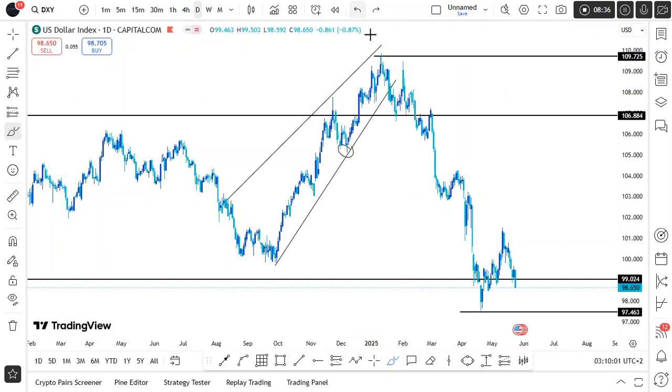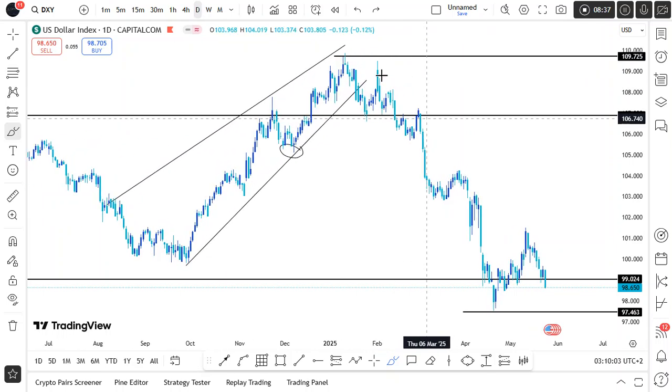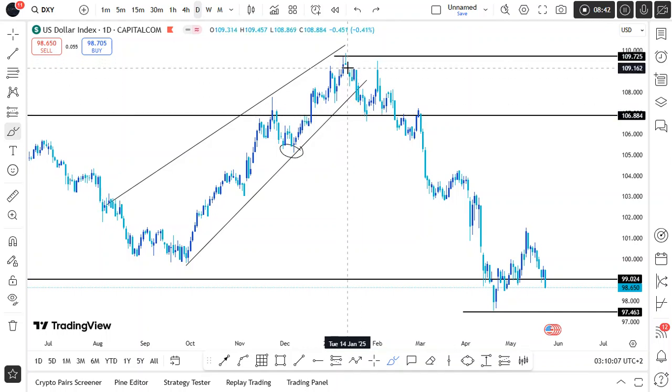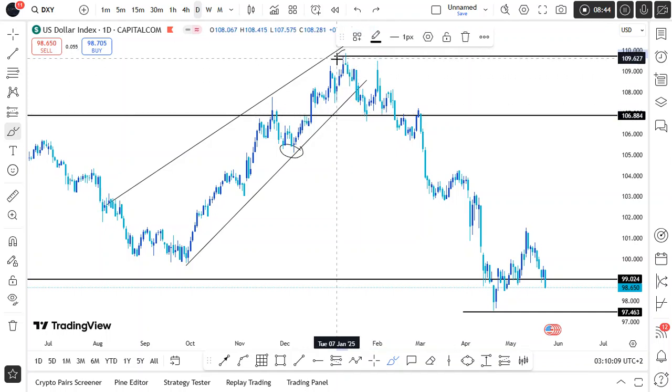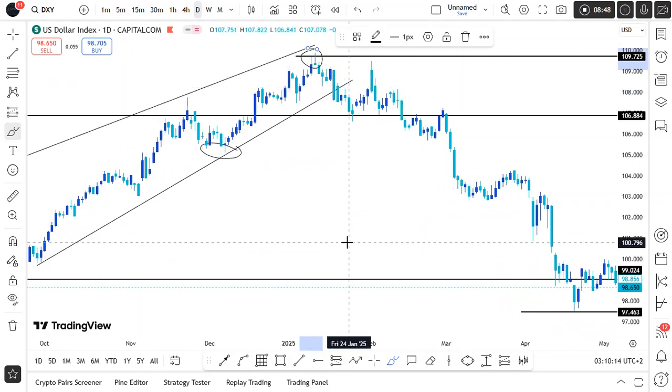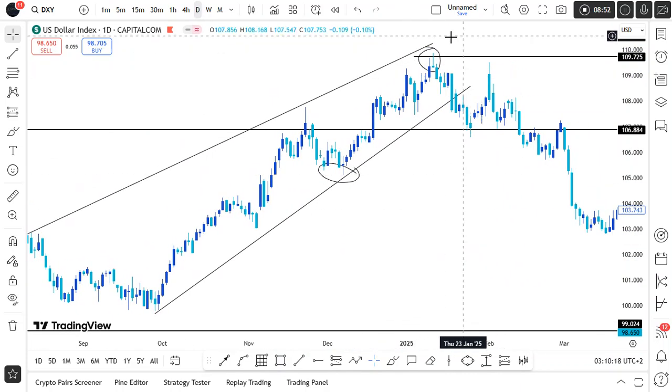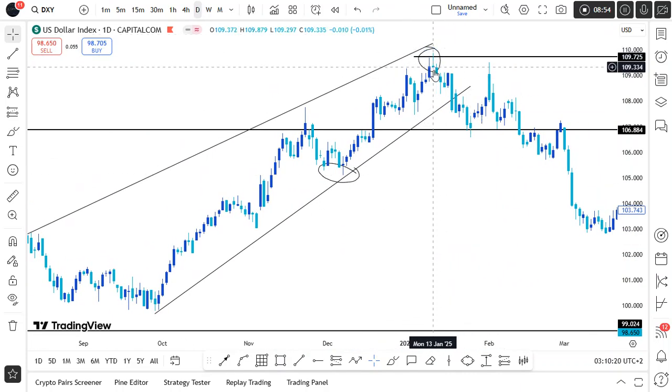What I liked about the push back up is that it was actually anticipated. We can see the candlestick formation over here. I don't know this candlestick's name, but it was a rejection candlestick. We rejected with this candle, and one thing I liked about it was that it was a solid rejection.